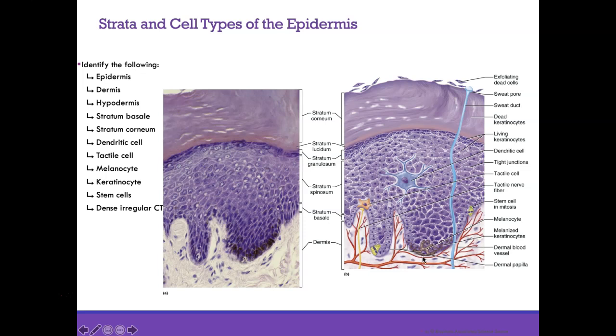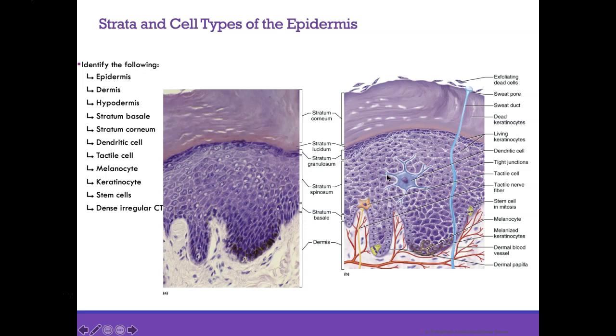We also have some cells that have melanin, called melanocytes. These melanocytes can put pigment, they can put the melanin into keratinocytes. And these are all keratinocytes. All of these cells are keratinocytes. These up here are dead keratinocytes because they lost all their organelles as they migrated upward, and gained more and more keratin.